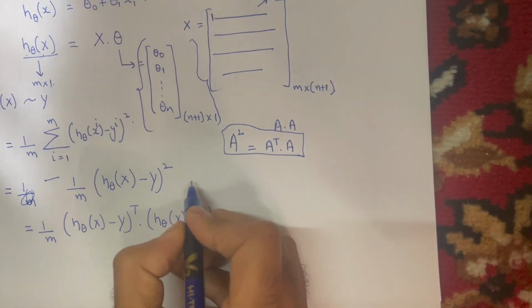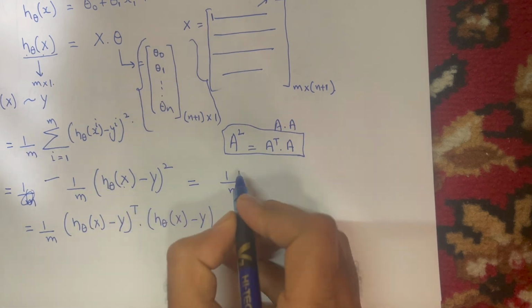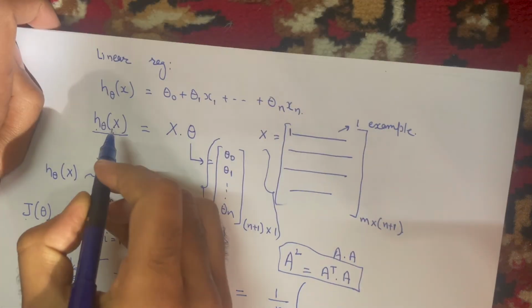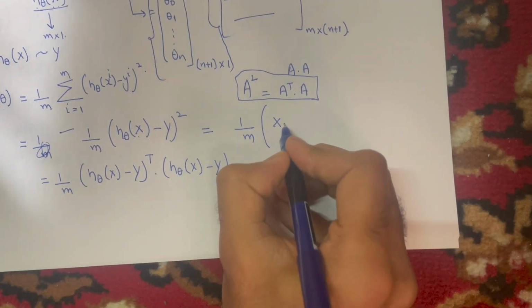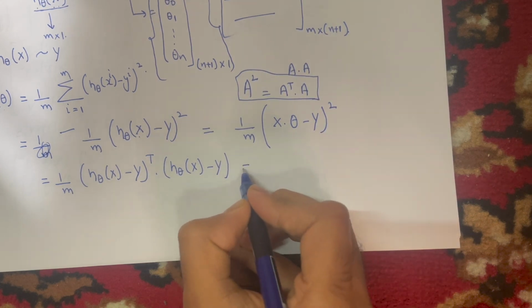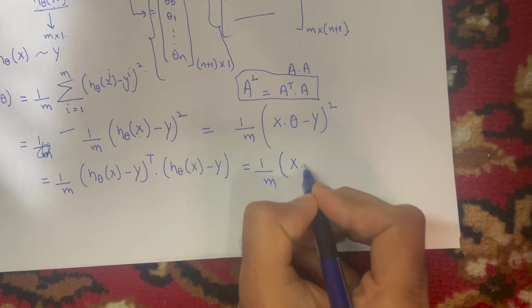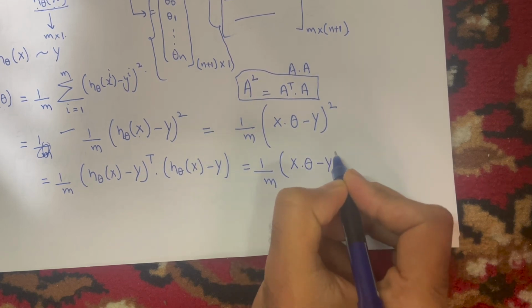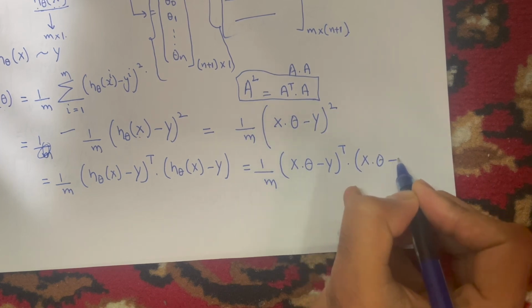Or this can also be written like this, 1 by m. So we know h theta x is equal to x dot theta. So it is x dot theta minus y whole square. Or I can write it like this, 1 by m x dot theta minus y transpose into x dot theta minus y.